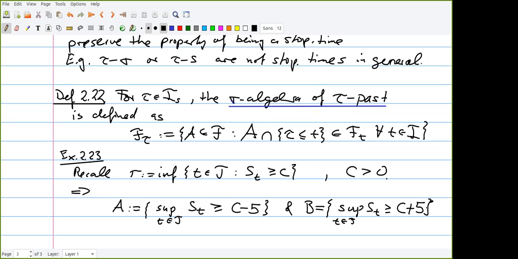Okay. And now, to make a little surface here, remark.